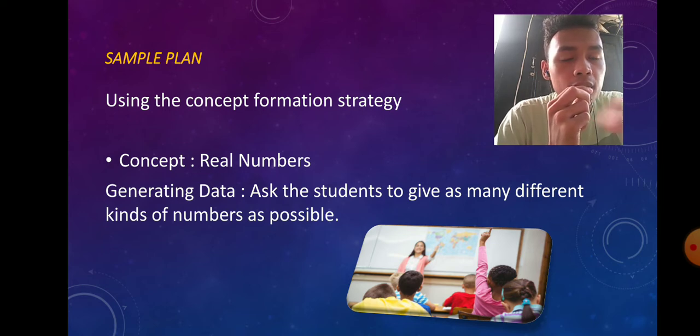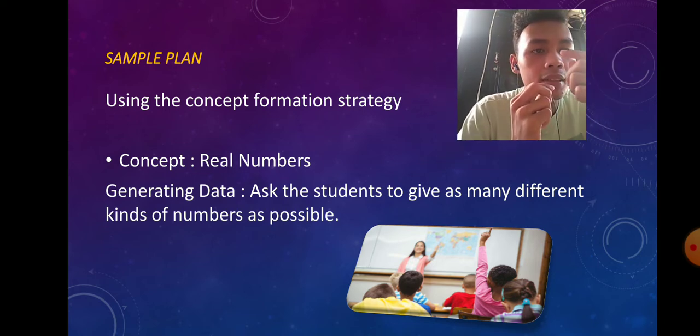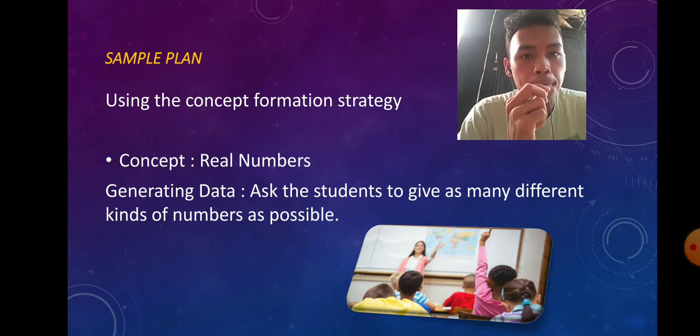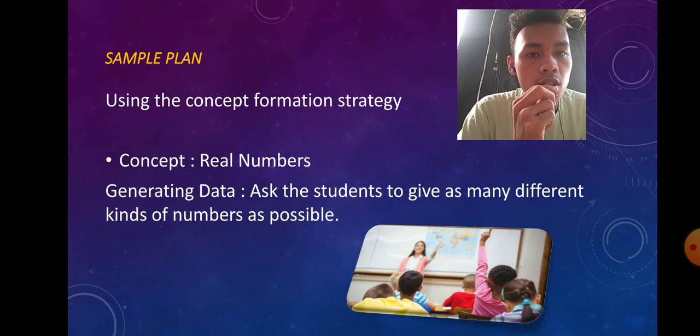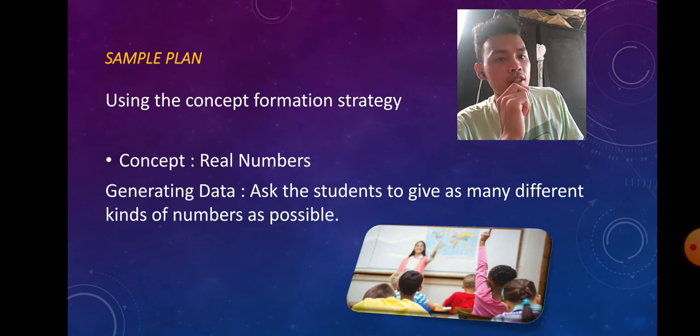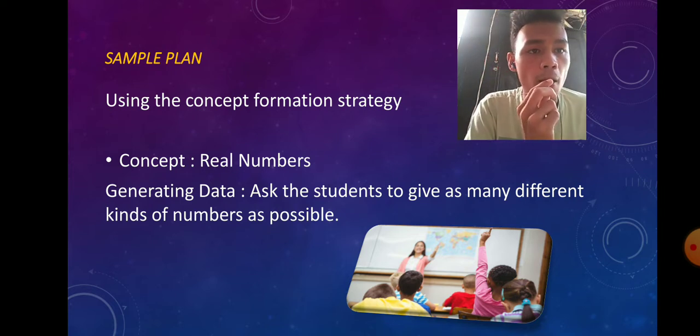Simple plan using concept formation strategy. In this slide we need to talk about planning. The first one is concept, or real numbers. In generating the data, we need to ask the students to give as many different kinds of numbers as possible.